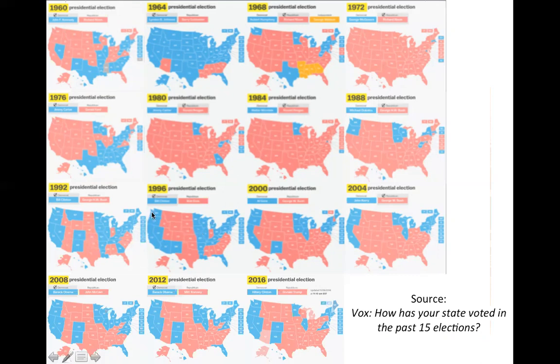Then we start seeing the maps looking more like they do now, with the Democrats in the Northeast and in the West, and the South still getting pretty red. Then we see George Bush, and he starts forming this political realignment, and then Obama wins in 2008, and that really solidifies the alignment that we're in right now.